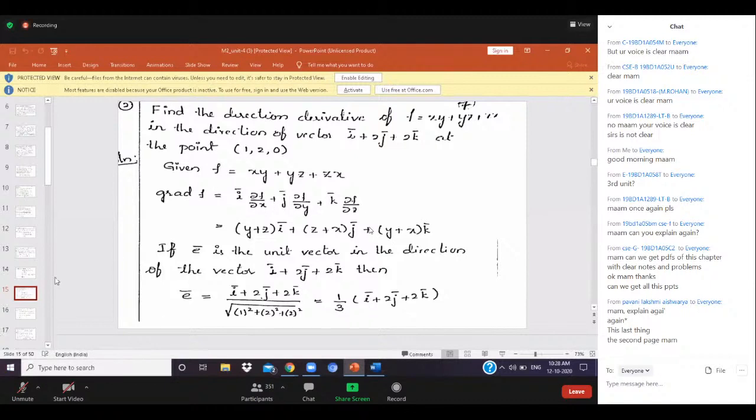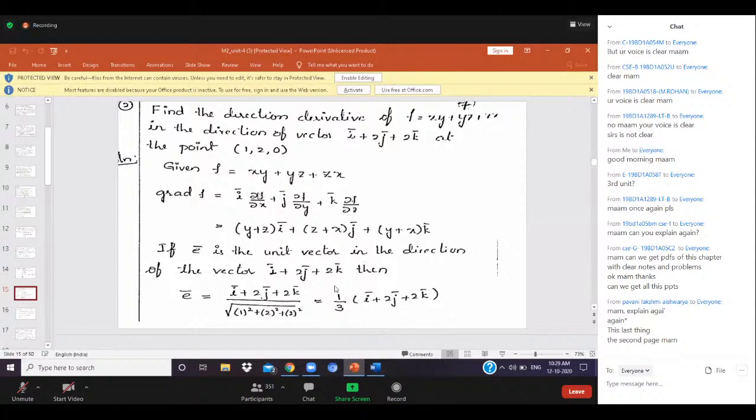So it is already given in the question, f is the scalar point function. f equals xy plus yz plus zx. For this we calculate grad f. Grad f equals i bar dou f by dou x plus j bar dou f by dou y plus k bar dou f by dou z.